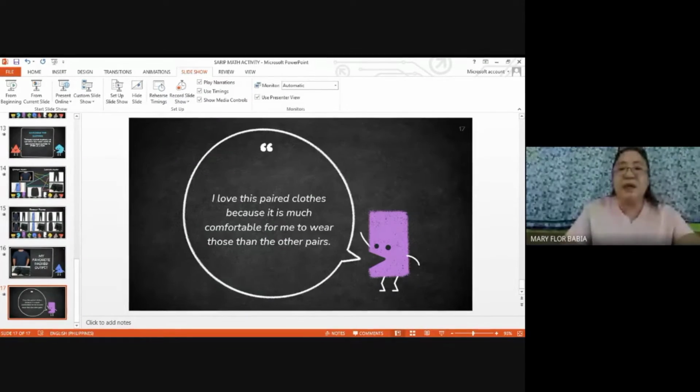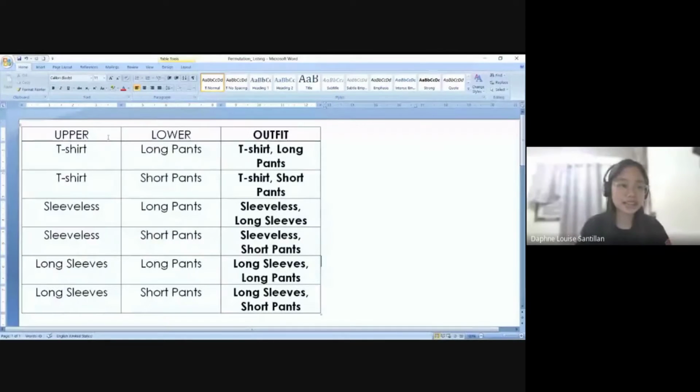Daphne, can you share something? Yes, ma'am. I would like to share my matching clothes through listing. Here you can see the upper, the lower, and the outfit. If I pair a t-shirt and long pants, my outfit will be t-shirt and long pants. A t-shirt with short pants, my outfit will be t-shirt and short pants.